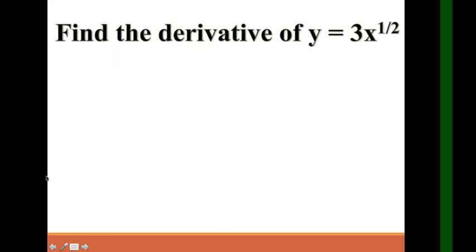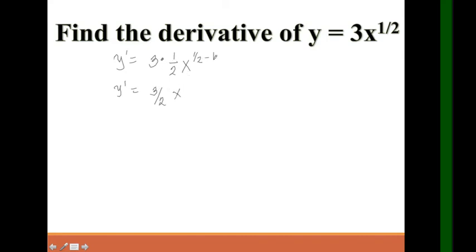Okay, next. I think this is the last example. So we have this one. The derivative of y is equal to 3 as the constant times 1 half x raised to 1 half minus 1. Ayan, so we have the derivative of y equals 3 over 2. 3 times 1 is 3 over 2.